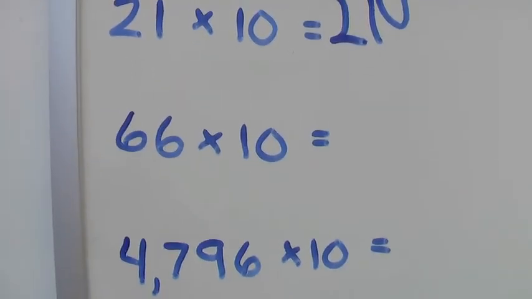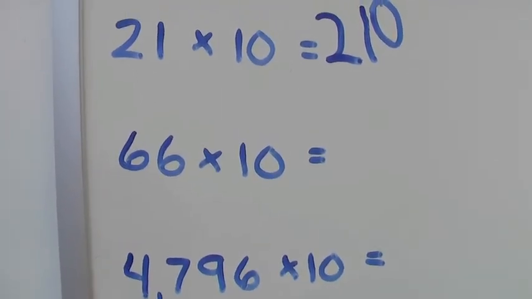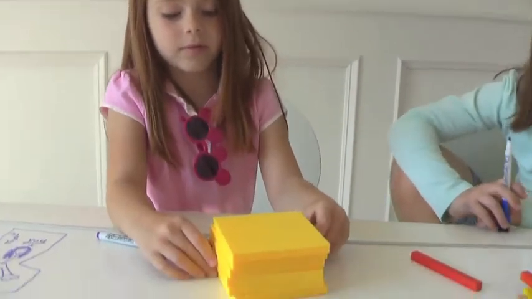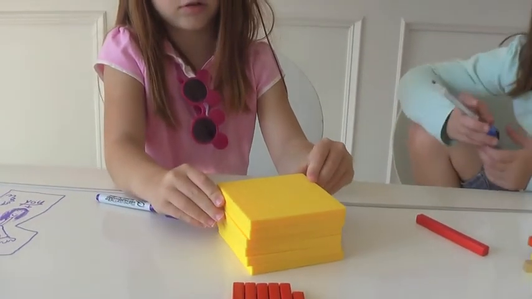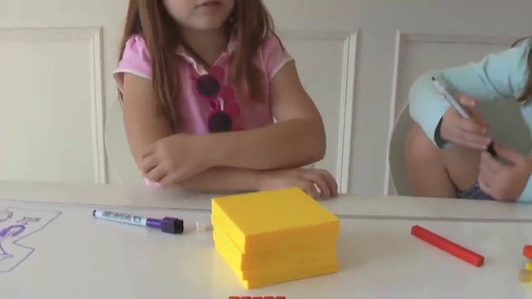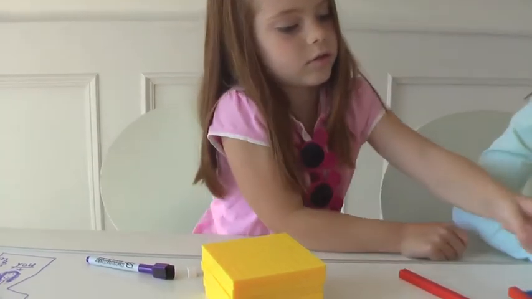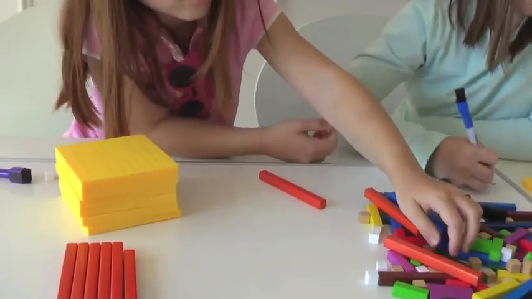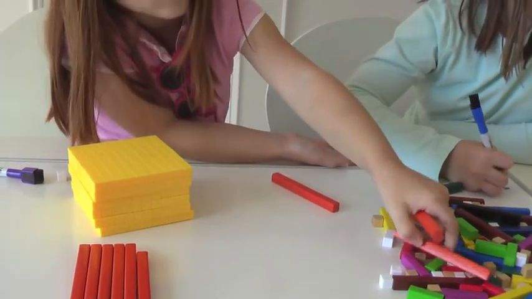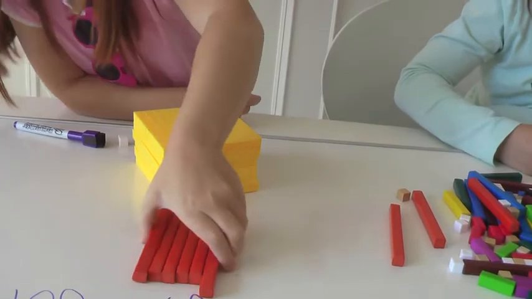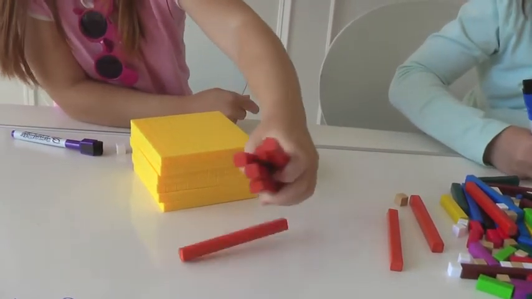Okay, Haven, can you tell me 66 times 10? Can you say it a little louder, please? This is 60 times 10, right? 600. Yes. Okay. Then 66. Is that 6 tens?